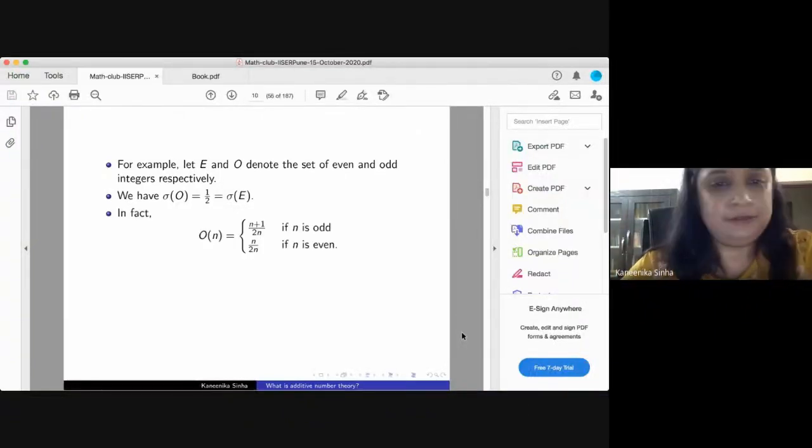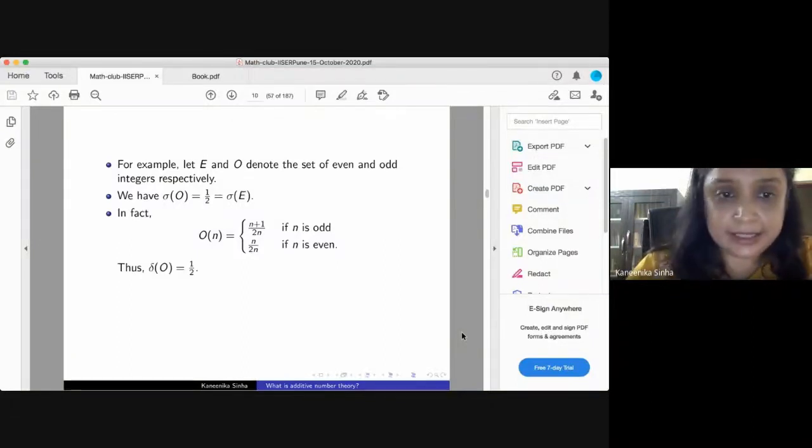In fact, with a little bit of work, you even have a precise formula for O of n, which also helps you to see what happens as n goes to infinity. So from this formula for O of n, you deduce that the Schnirelmann density of the set of odd numbers is half.